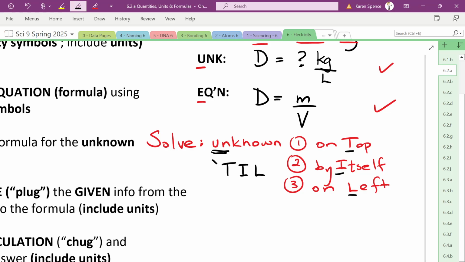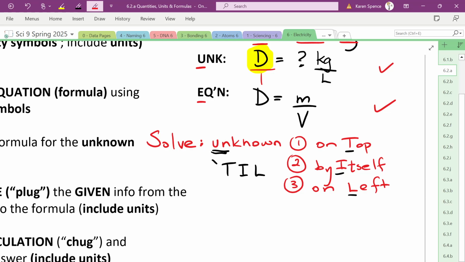All right. Is our unknown, density, on the top? Yes. And if you weren't here yesterday, if you don't have a line on one side, you can say D is on the top because I could, if I wanted to, put a 1 underneath it to show that there's nothing in the denominator other than just a 1.